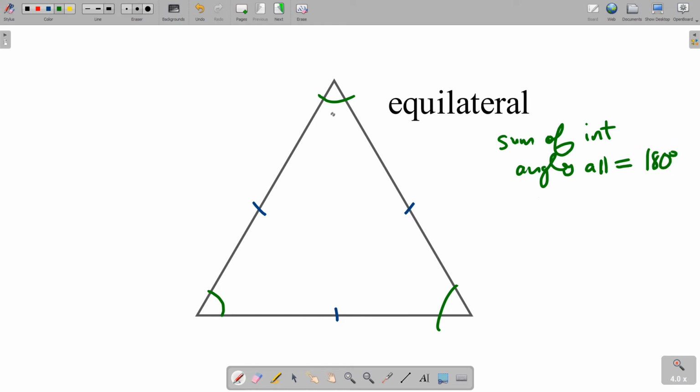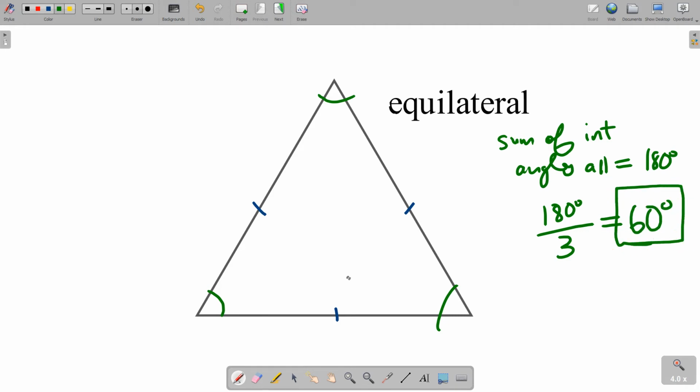Thus, because they're all equal angles, it's 180 divided by 3. You can tell what each angle value is on an equilateral triangle. All the green angles are exactly 60 degrees. There's a 60, there's a 60, and that's also a 60-degree angle right there. So far, so good.